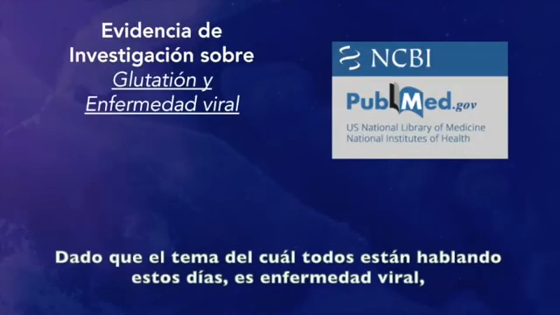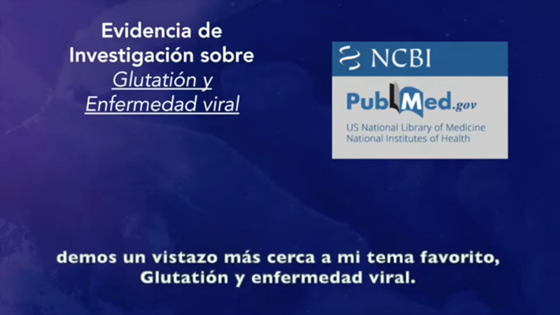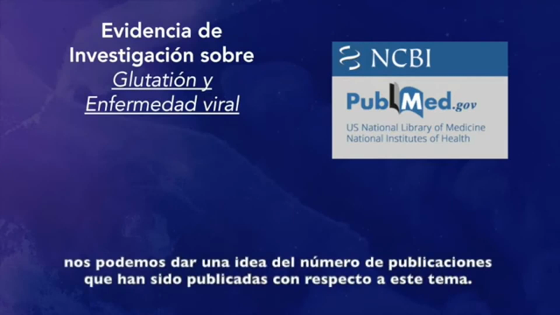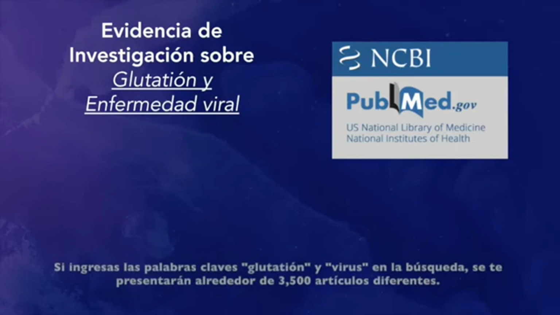Now, given that the topic everybody is talking about these days is viral disease, let's take a closer look at my favorite topic, glutathione and viral disease. If you go to PubMed, which is the most reliable source of original research, let's get an idea of how many publications have been posted there on this very subject.